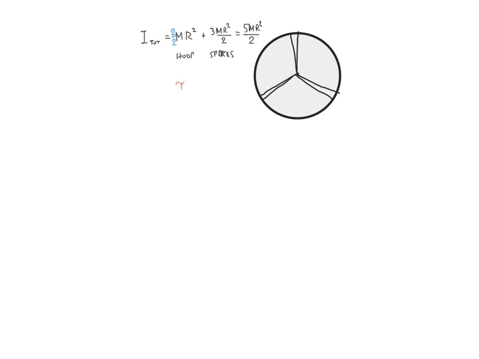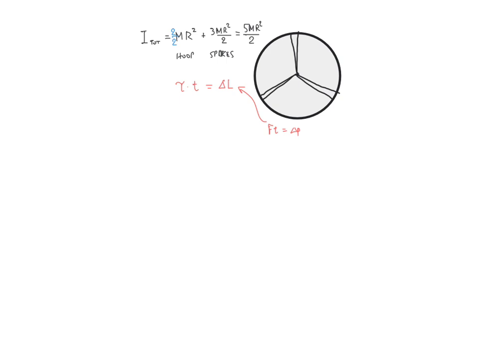The torque multiplied by the time, that's the angular impulse, is equal to the change in the angular momentum. This is the rotational equivalent of saying that the linear impulse, Ft, is equal to the change in linear momentum. So we're just putting this in rotational form.